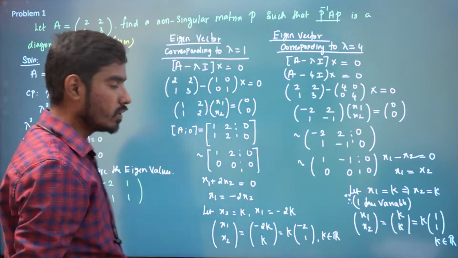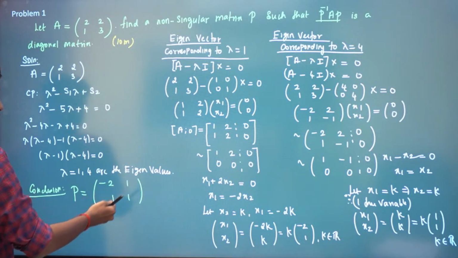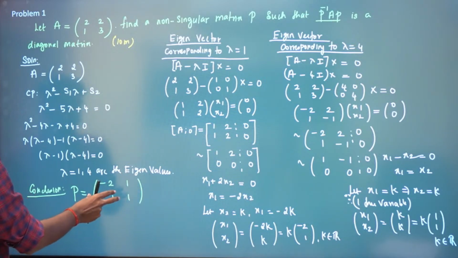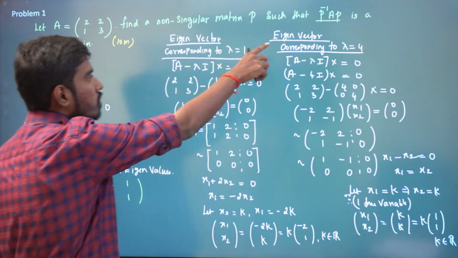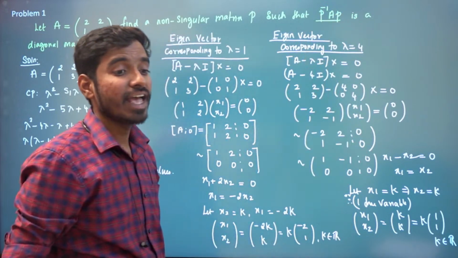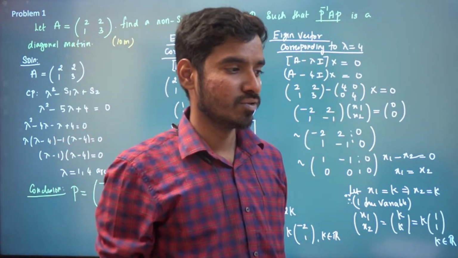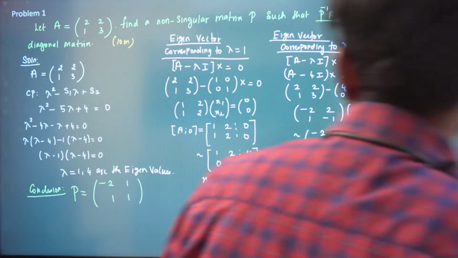You know how to find the adjoint for a 2 by 2 matrix, right? You shift these two elements, and you multiply minus with these elements. With the inverse matrix, you multiply A and then you multiply P, and you'll get a diagonal matrix. Diagonal entries will be the eigenvalues, right? You will always get eigenvalues as diagonal entries. That is, you will get the diagonal entries as 1 and 4.